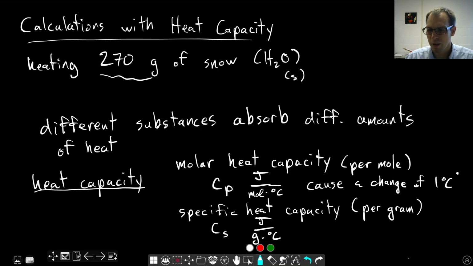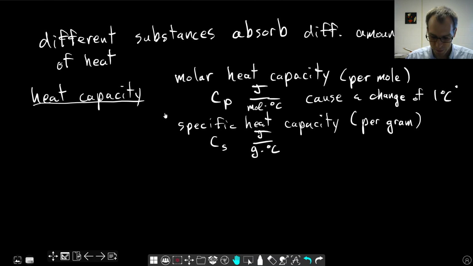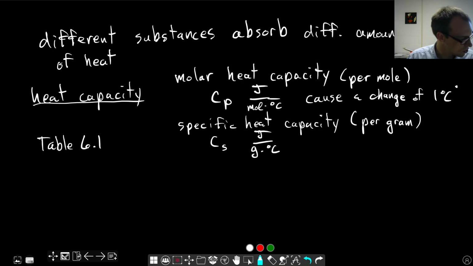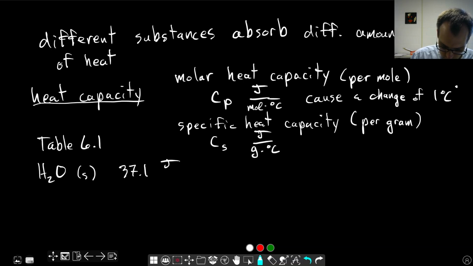So we need this for water specifically, and specifically solid water. If we go to a table, in your textbook you can look at table 6.1, but this will also usually be given to you. We can find values for water for the molar heat capacity. Water in its solid form, which is what's relevant for this question, is 37.1 joules per mole times degrees Celsius. Water in its liquid form can absorb a lot more heat.